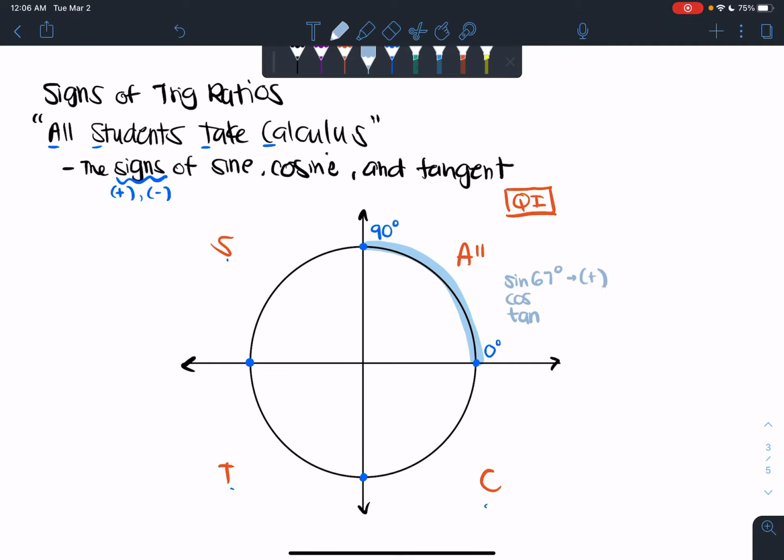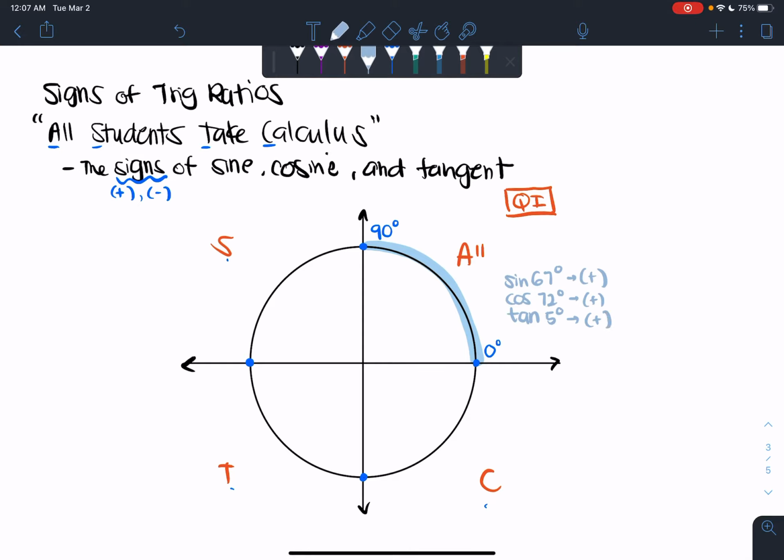And you will find the same holds for cosine of 72 degrees, and the same thing with tangent of even 5 degrees. If you throw those into a calculator, you will notice that each of those will give us a positive answer.